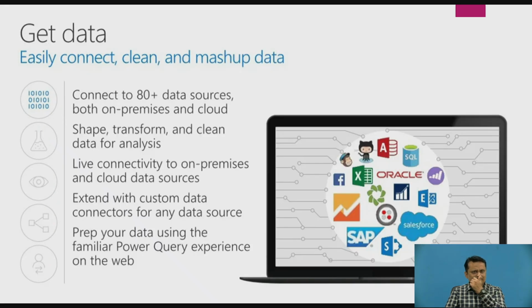The very first step is to get the data. When you want to make the analysis, the data is the most important component. So you have to connect this tool with the source of the data and mention from where you are getting the data. Sometimes data is available in a simple CSV file, a comma separated values file, sometimes in an Excel file.